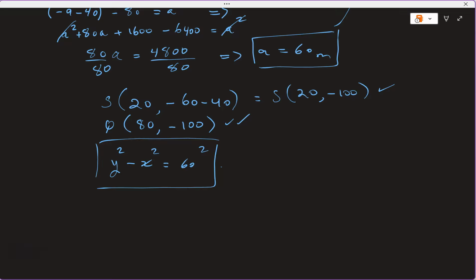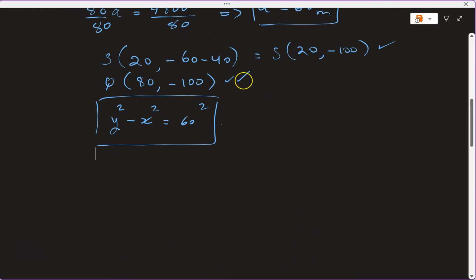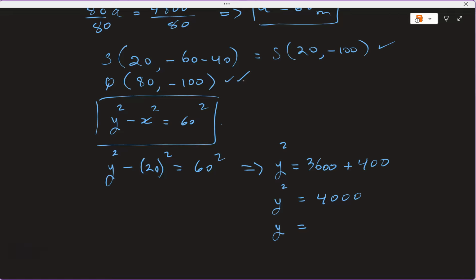And now we're going to go ahead and solve for the value of negative y right here, which is a coordinate of R. Then we say y squared minus 20 squared is equal to 60 squared. And from here, you just go y squared equals 3600 plus 400. So y squared is equal to 4000, and y equals the square root of 4000.